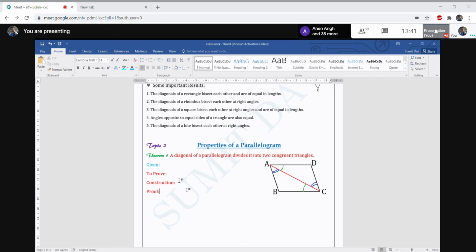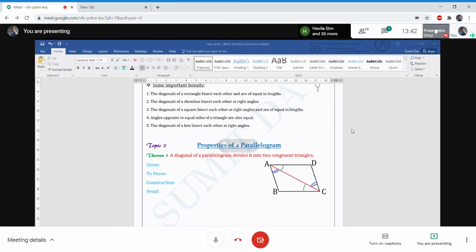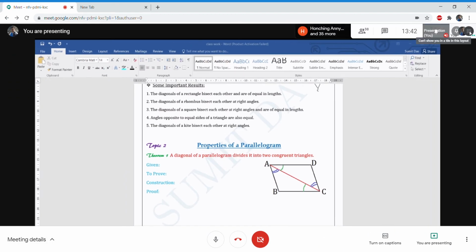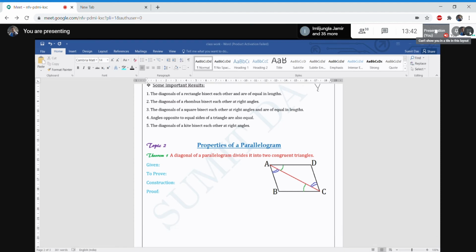These are the four parts of a theorem, right? If you need construction for a particular theorem, you can add it, but in many theorems we don't need construction. Okay, so first our given part.